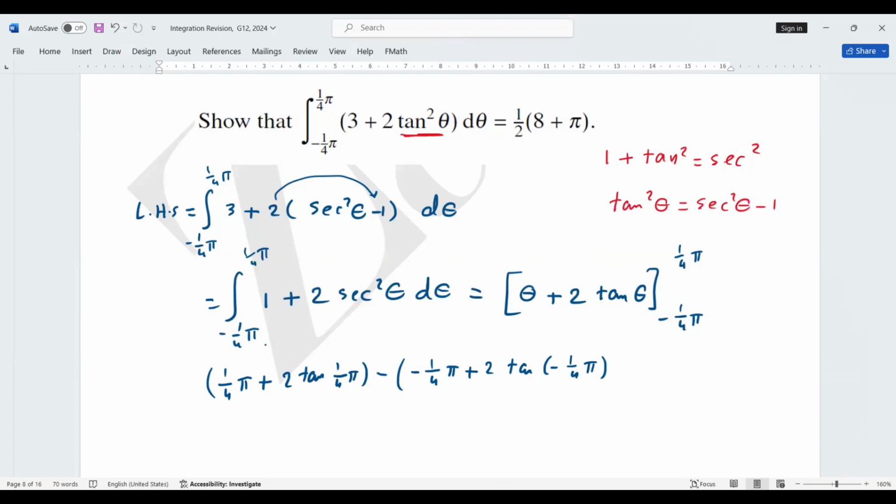Then we can get the value by using the calculator. So this one, quarter pi plus 2 multiply tan quarter pi, it's pi over 4, it's 1. So 2 multiply 1. Negative times negative, it's positive, 1 quarter pi. Negative times negative, it's negative 2.